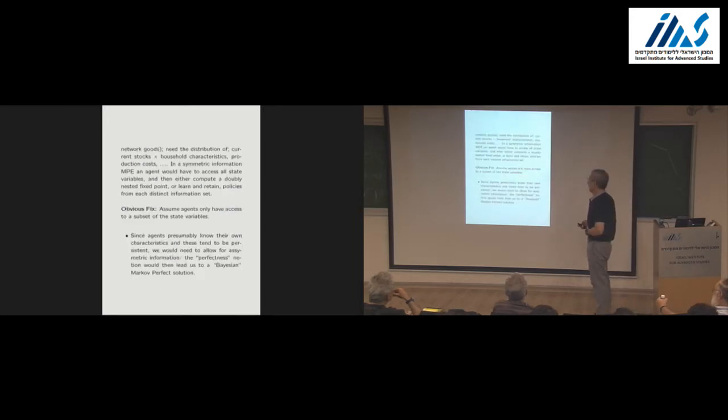Okay. So the first obvious fix to this problem is that agents only have access to a subset of the state variables, okay? So the firms only know, like Elchanan was saying, how many Fords are out there, how many households hold a Ford, and so on. Whatever they do, you specify.